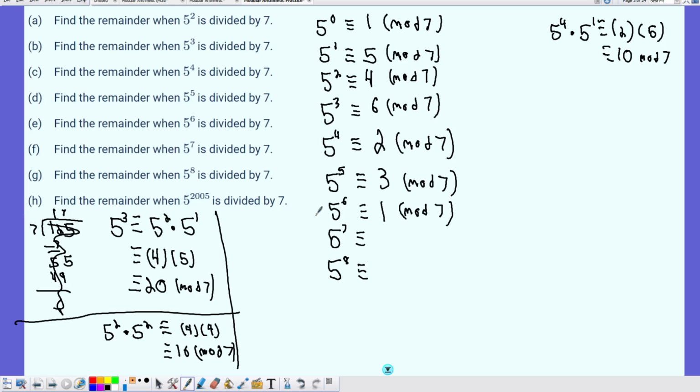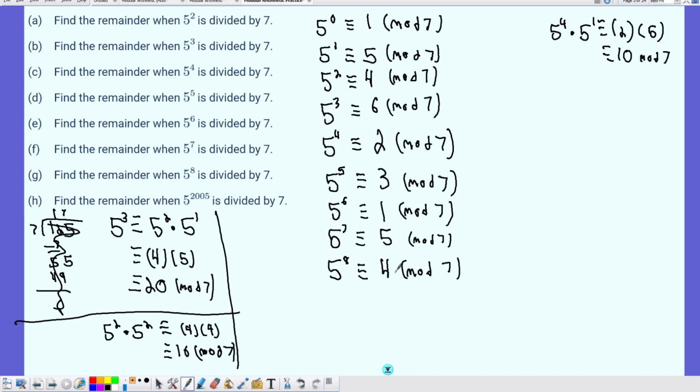Well, that would be 5 to the 6th times 5 to the 1st, which is just 1 times 5, which is 5 mod 7. 5 to the 8th. Well, that would be 5 to the 4th times 5 to the 4th, which is 2 times 2, which is 4 mod 7.